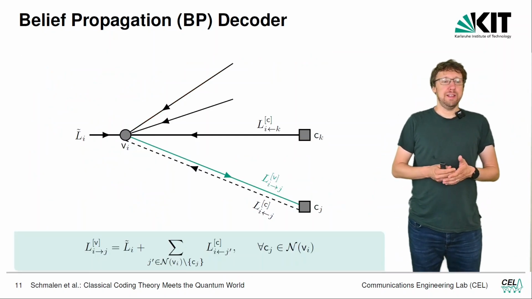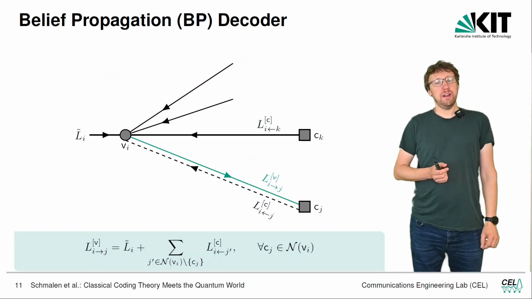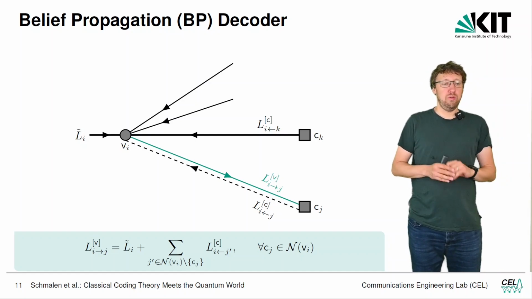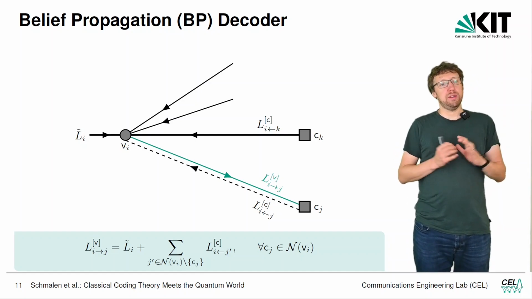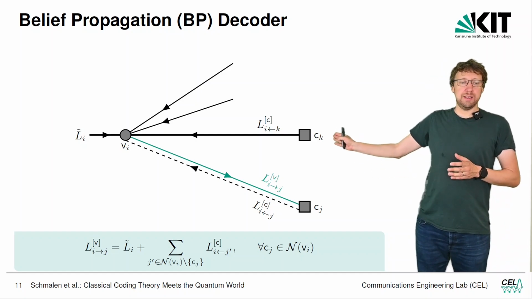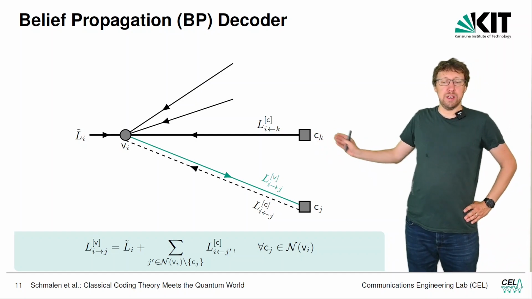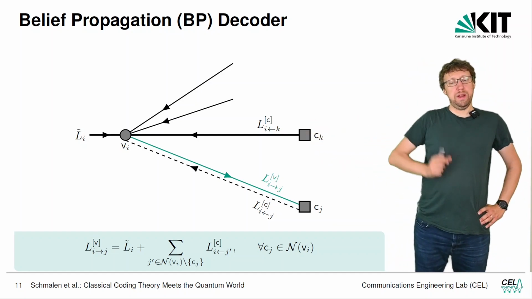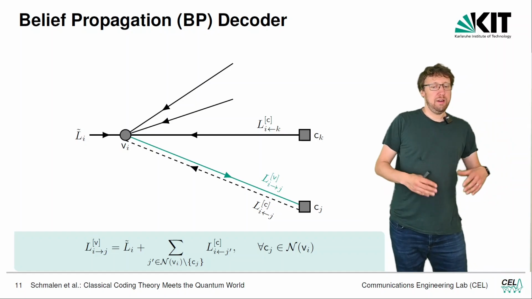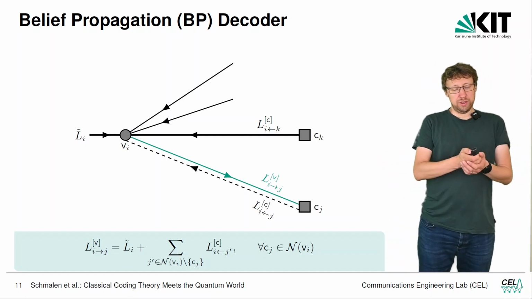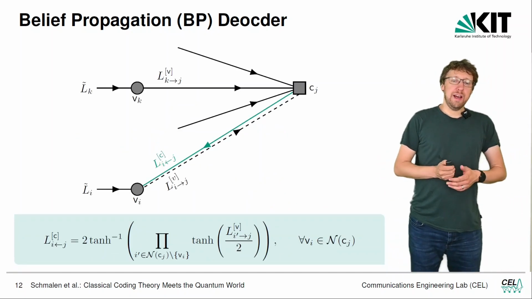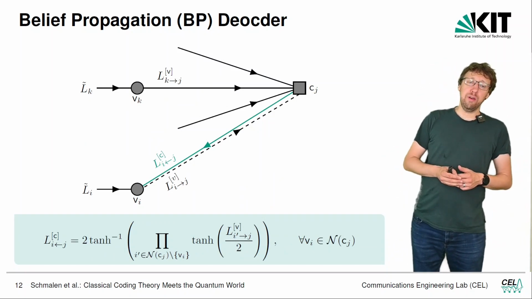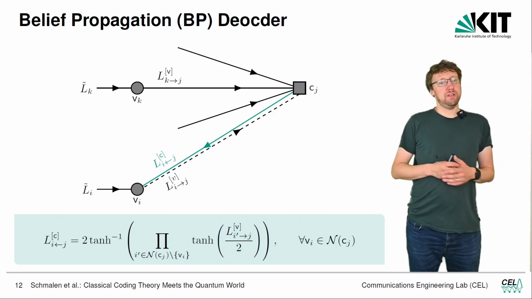If we look at these variable nodes, the circular nodes in the Tanner graph, they essentially perform computations in a rather specific way, which is beyond the scope of this talk. But think of these as carrying out additions based on the messages coming from the check nodes, the square nodes. And below you have the final equation. The check nodes, on the other hand, perform a different operation, which looks a little bit more involved, but at the end of the day, it's also very easy.